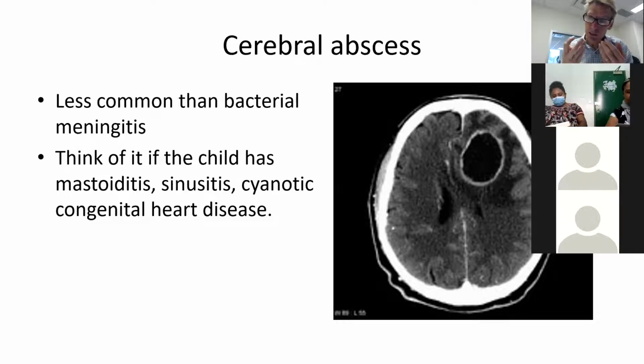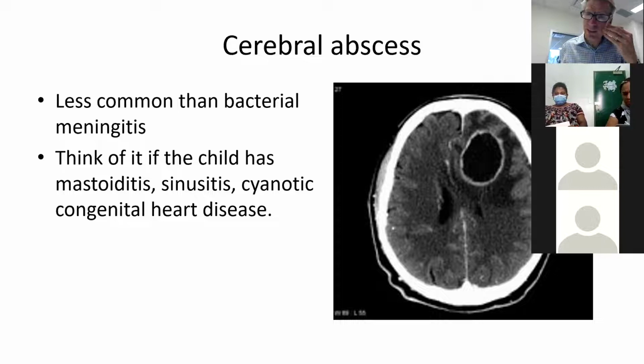And so if ever you see a child, especially over the age of 7, it's unusual to get sinusitis under the age of 7, but it does occur over the age of 7. And the reason why sinusitis is a bit more closely related to cerebral abscess is because it's an infection of the bones, the sinuses, the air-filled holes in the bones within the facial structures.